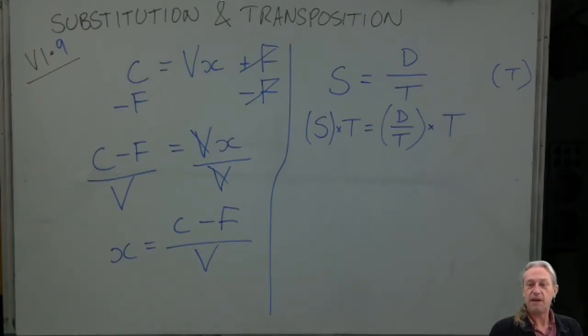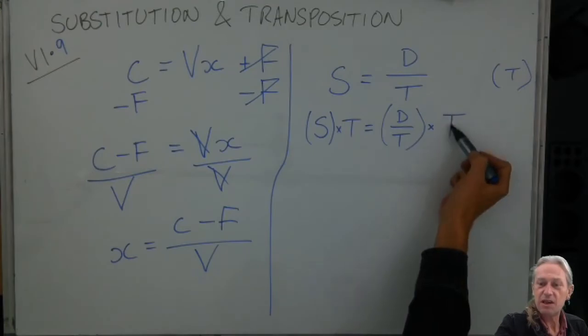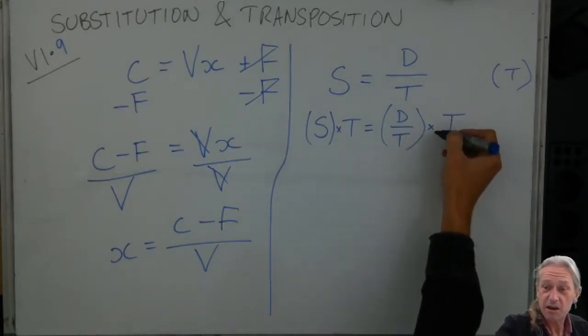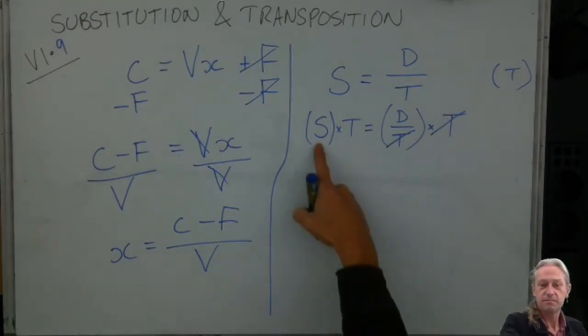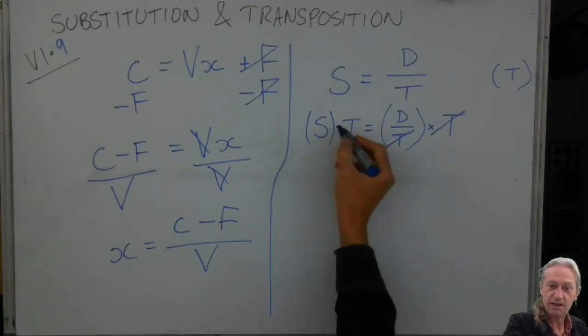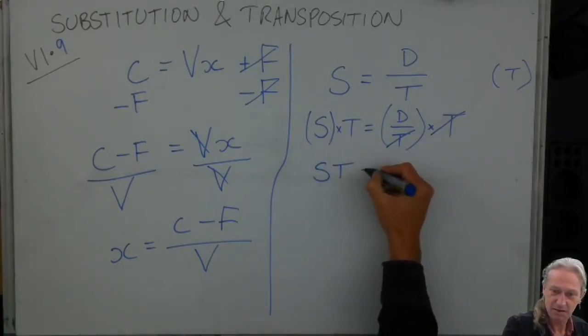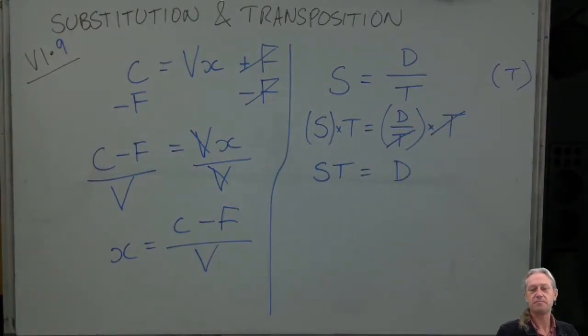So the effect that has is we've got t essentially being divided by t, so over here, that t disappears. And over here, we've got s times t. So now we've got st equals just that d on its own.